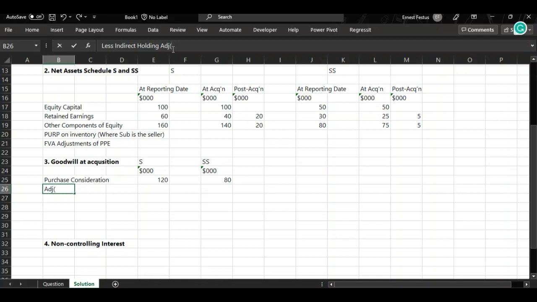We'll have 25% times the 80. So 0.25 multiplied by this 80 here, and then we get 20, but it's supposed to be a negative figure because you are subtracting it. Okay, so we less it.